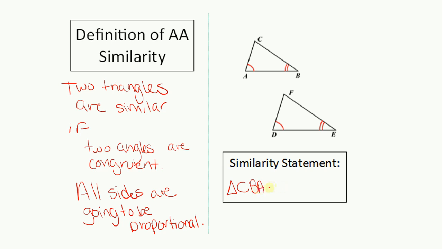Now, to say that they're similar, you know how for congruence you wrote a little squiggle and then the equal sign? Similar is just the squiggle, just a little squiggle. Now, let's write it the same way. I went CBA, so it looks like I have to go FED.